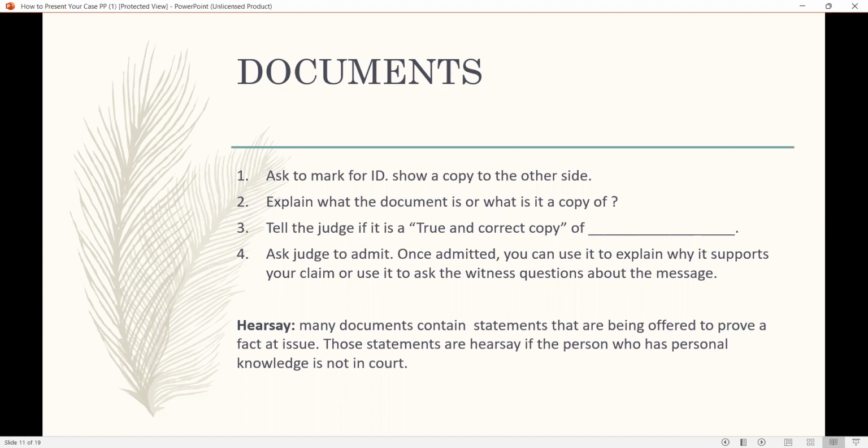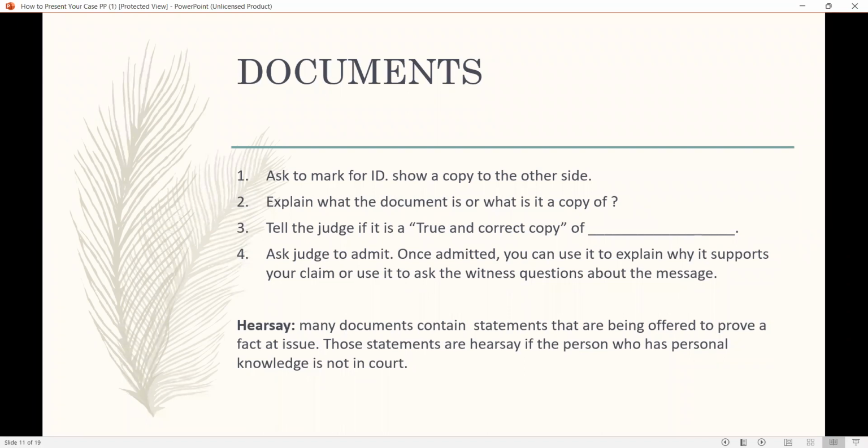Again, once admitted, you can use it to explain why it supports your claim, or use it throughout the remainder of the case by referring to it by the marked exhibit number or letter. With documents, you want to be really mindful of hearsay. Again, same as text messages, letters, and emails. Many documents contain statements that are being offered to prove a fact at issue.